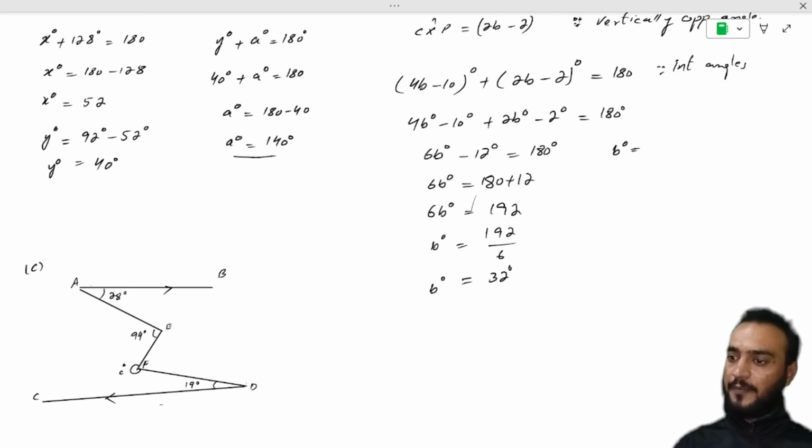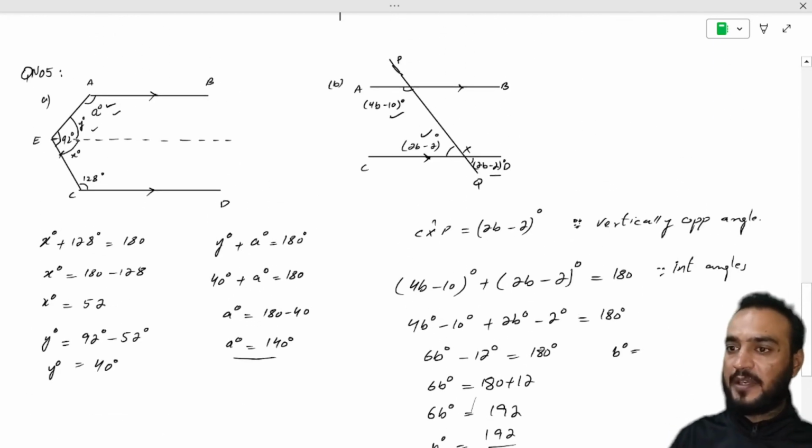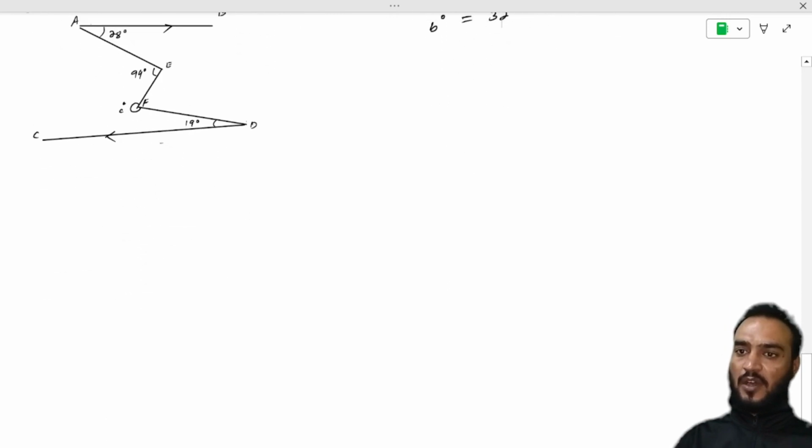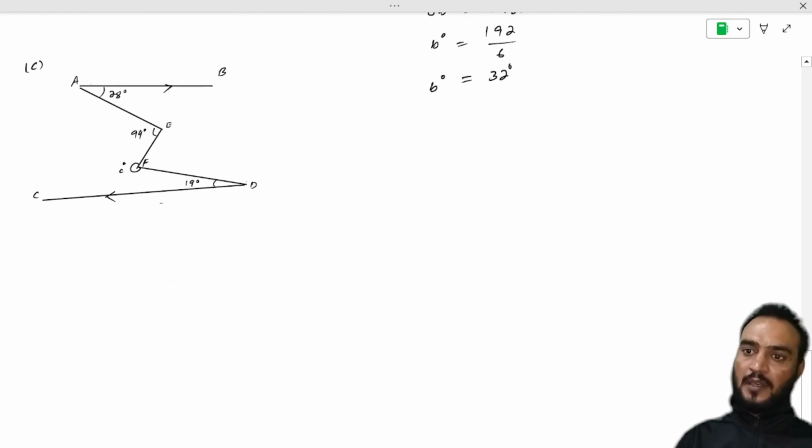This is the value of the unknown in part B of question number 5. Let us now solve the part C of this question.